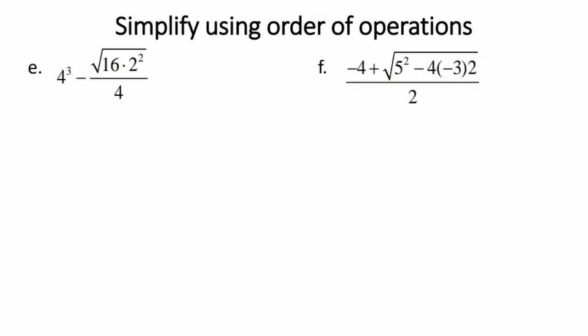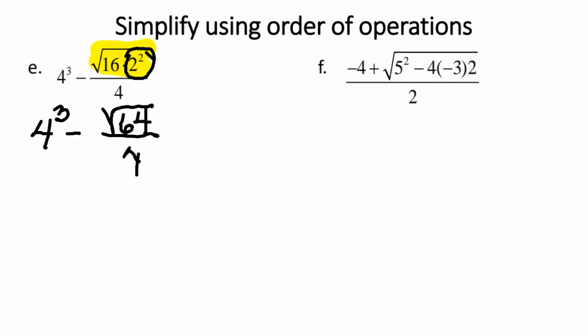Okay. Now, these you got to be careful with. Okay. First off, we have a fraction. You got to do the numerator first. Well, this will give me 4 cubed minus 16 times 4, because 2 squared is 4, is 64 over 4.